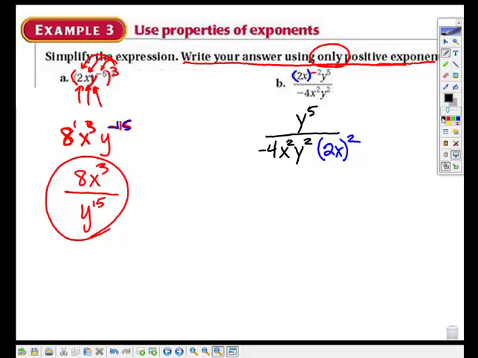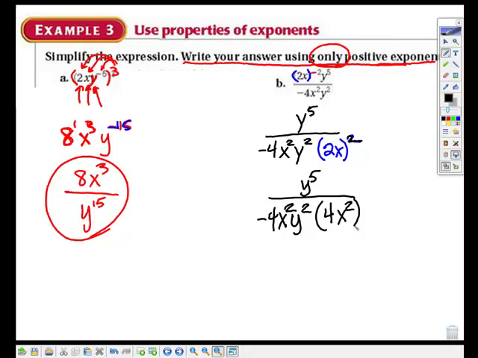And then as I go through other steps to simplify this, the y to the fifth stays on top. The negative 4x squared is still on the bottom. Y squared is still on the bottom. And I'm going to square the 2 and the x right now, and I'm going to get 4x squared.